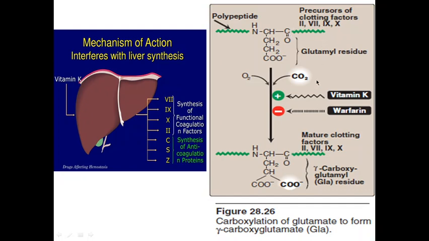Now, vitamin K is essential for a carboxylase, a carboxylase dependent on vitamin K. Such carboxylase will add carbon dioxide to the gamma carbon of the radical of glutamic acid, transforming it into a GLA residue or gamma carboxyglutamic acid residue.